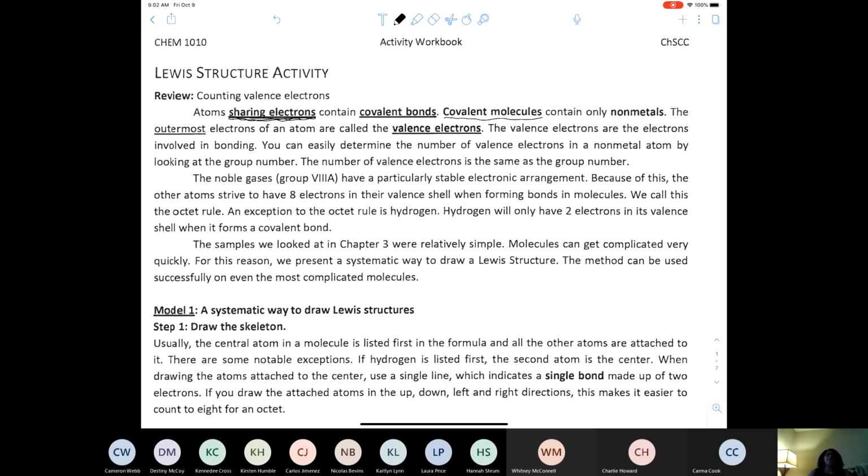And so when these nonmetal atoms share their electrons to form these covalent bonds, the electrons that get shared are those that reside in the outermost energy level in the atoms.